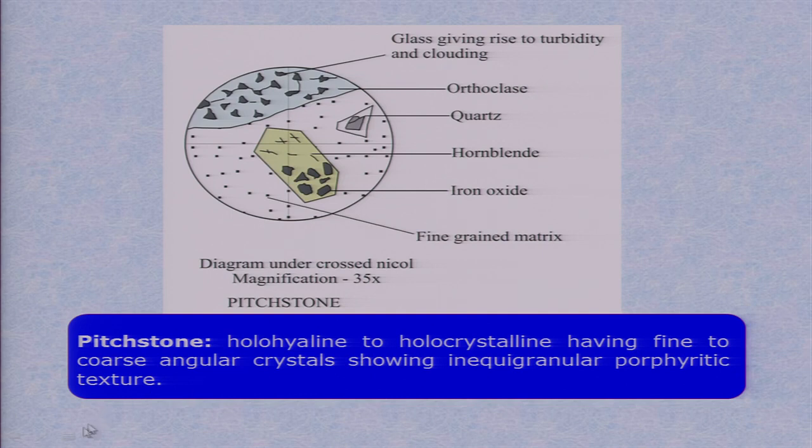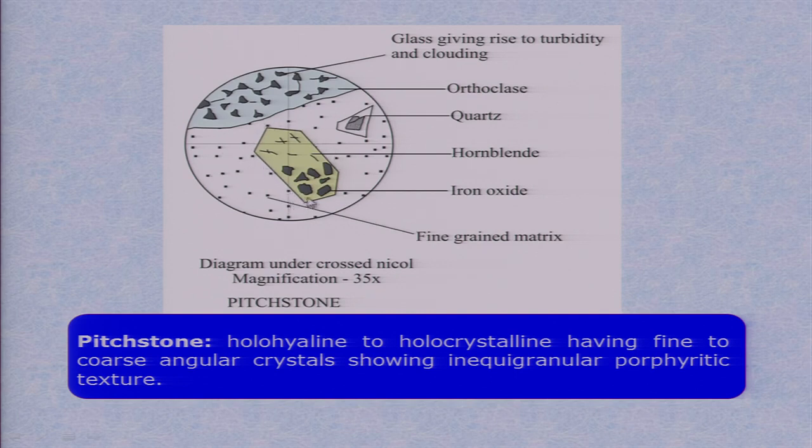Holohyaline means completely glass, or holocrystalline having fine to coarse angular crystals. This is the glass, the dotted material shown here is glass. It contains dots because this is all released iron, the iron released by alteration or devitrification process, and it gives turbidity in the background.